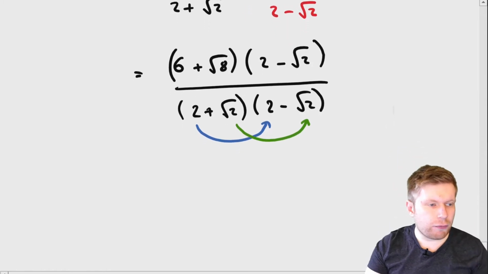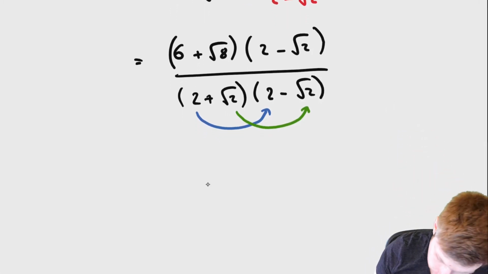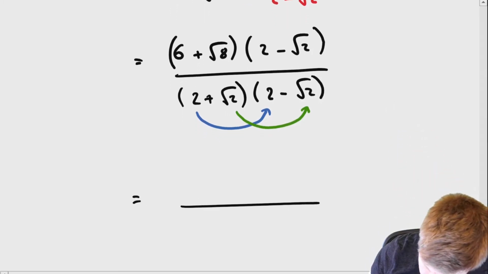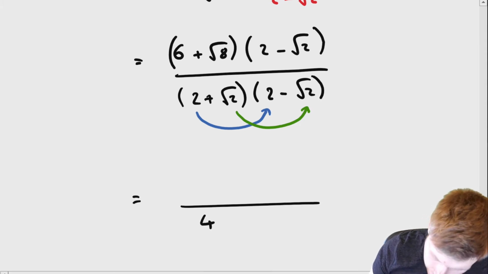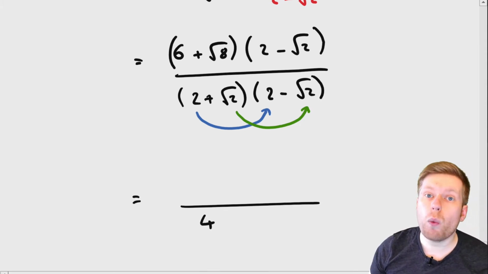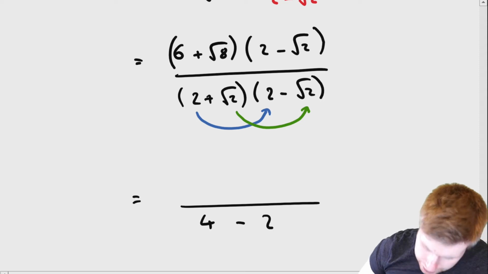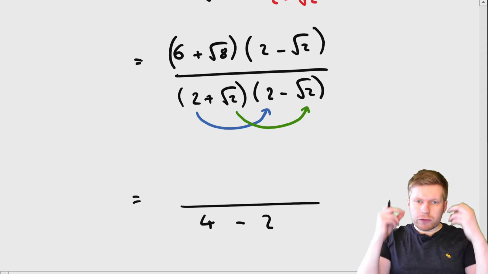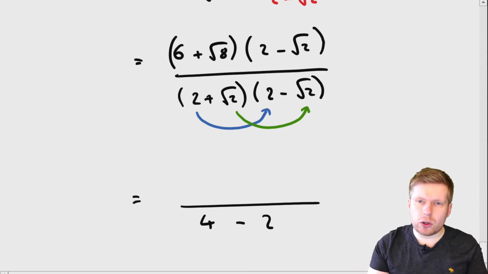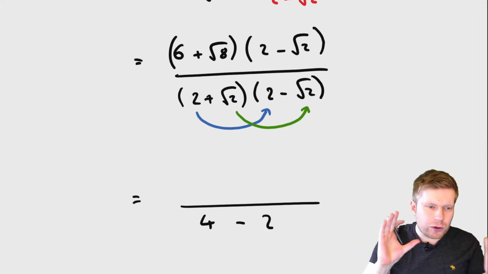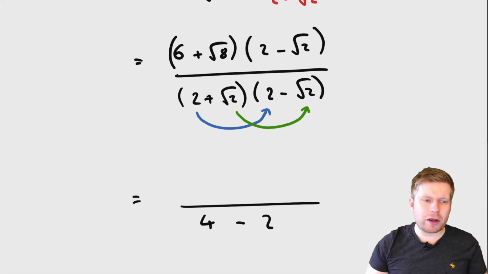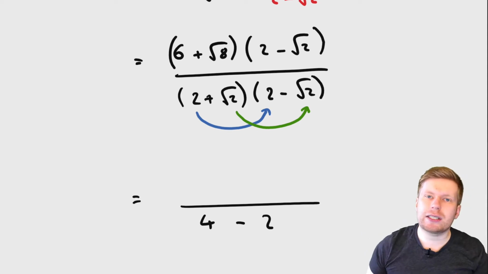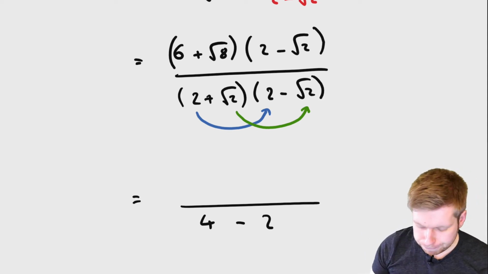So on the denominator, you should be left with the 2 multiplied by the 2, which is the 4, and the root 2 times the root 2, which is 2. And then there's a minus in the middle. If you've done enough examples of this, you'll be able to confidently do this very quickly. If you haven't, or if you're not quite sure where that comes from, that's fine. Just multiply those 2 brackets out ordinarily, and you'll get the same answer.